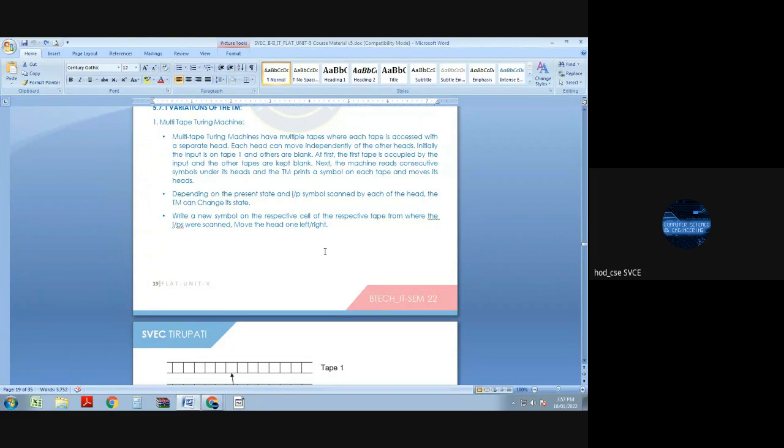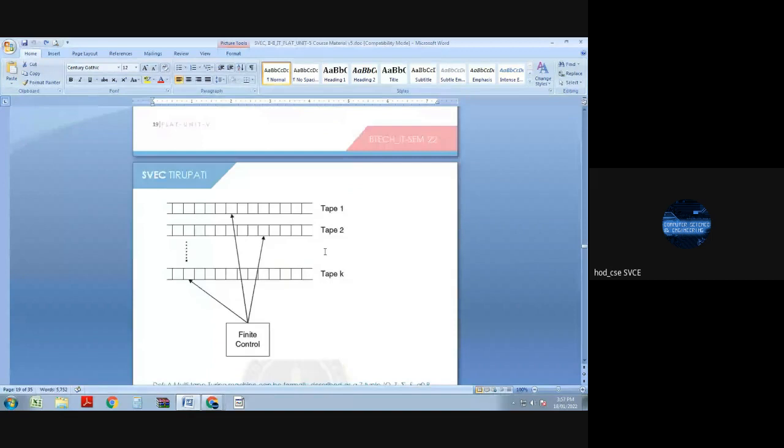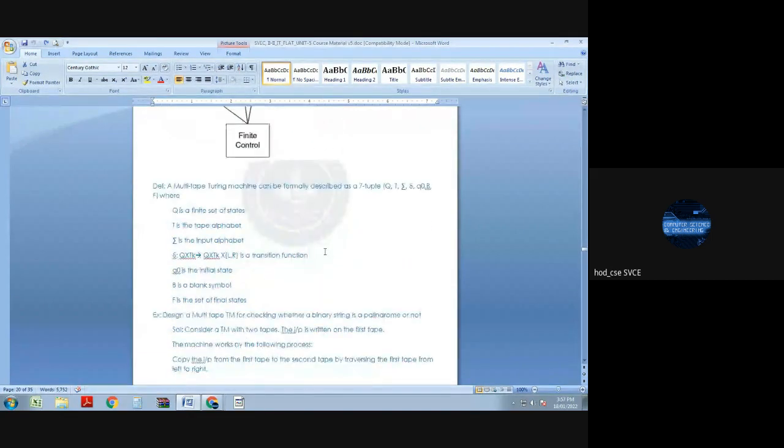Depending on the present state and the input symbol scanned by each of the heads, the Turing machine can change. So that is multi-tape.